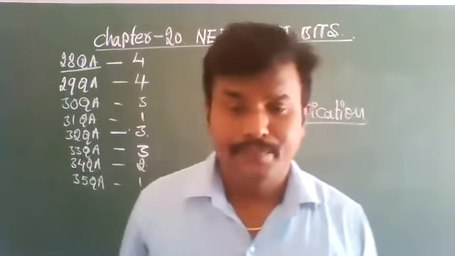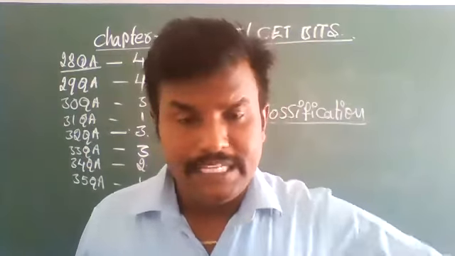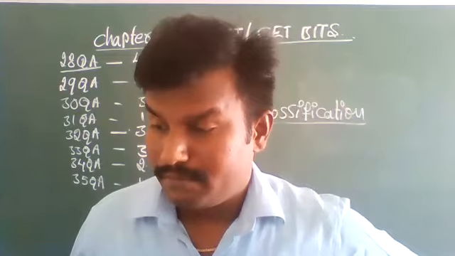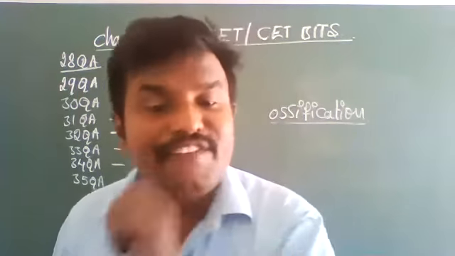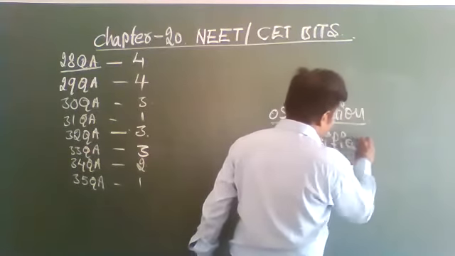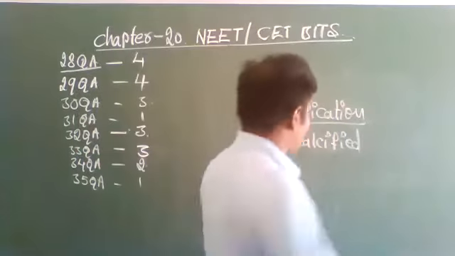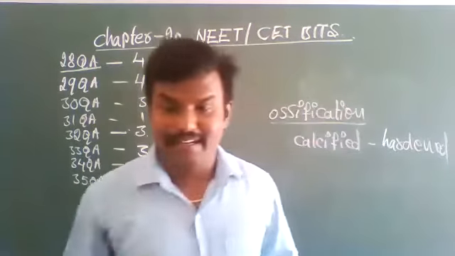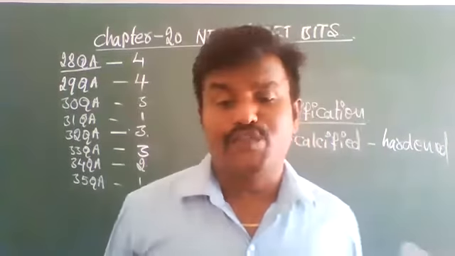Write down: ossification, soft tissue within the brackets, fibrous tissue becoming calcified and hardened. That is called ossification. Okay.